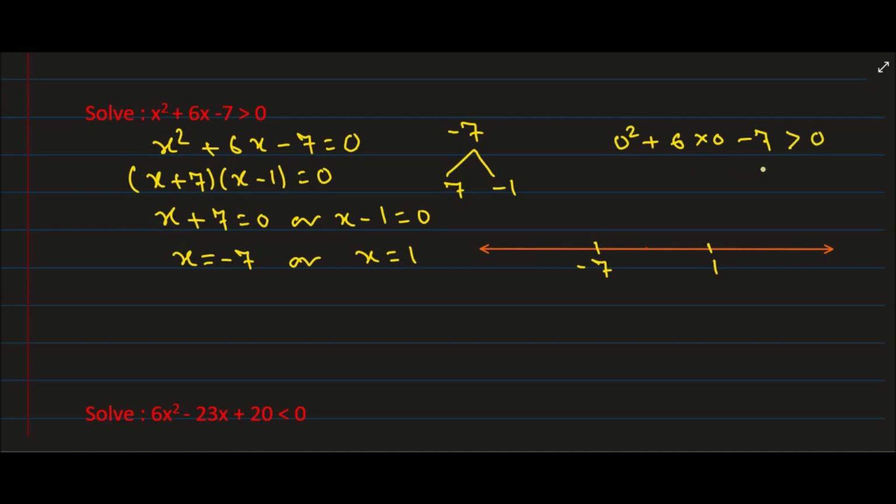That is minus 7 greater than 0. Is it true or false? Obviously it is false. So this is false and these two are true. It goes true, false, true.